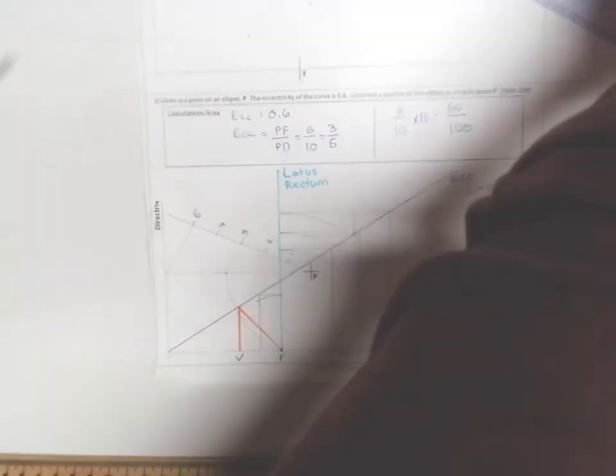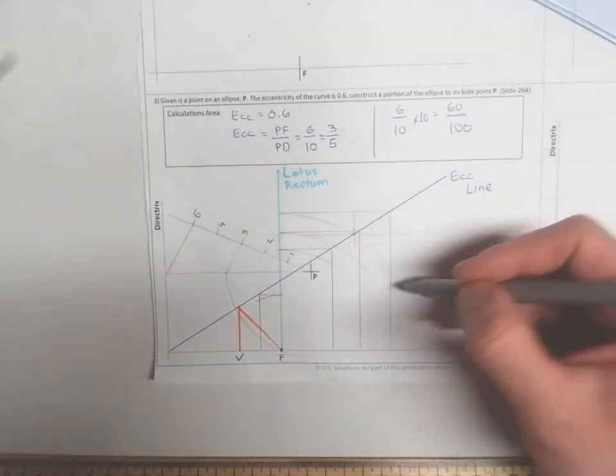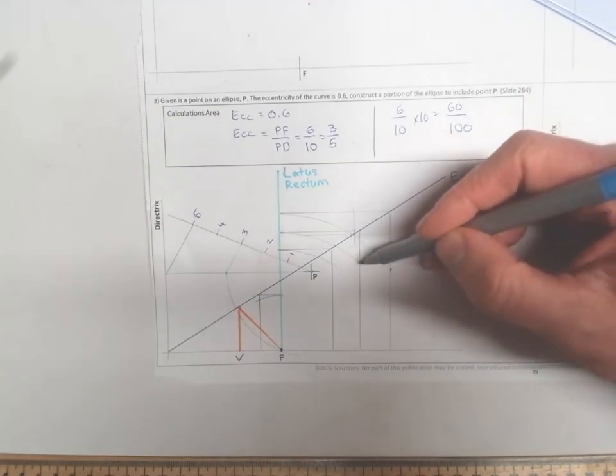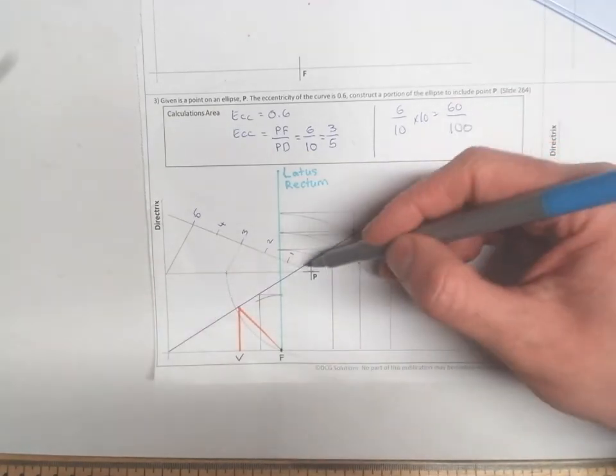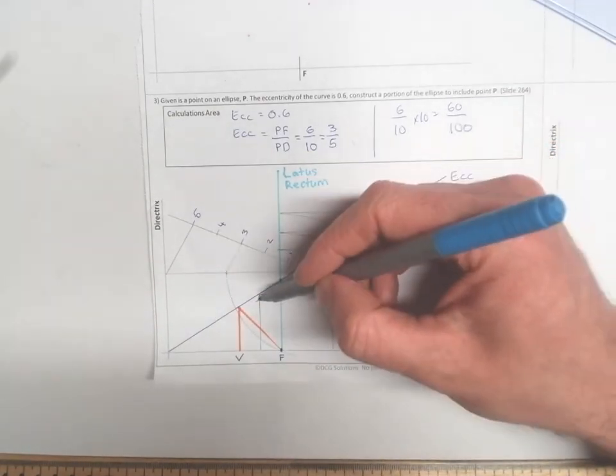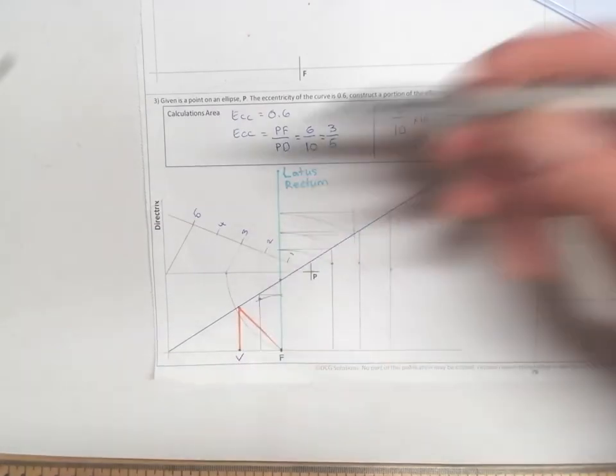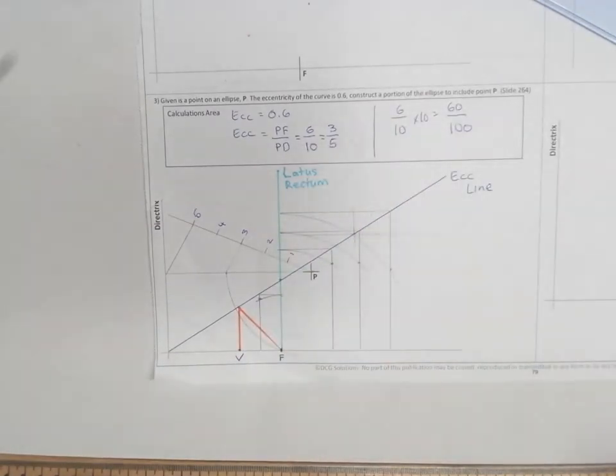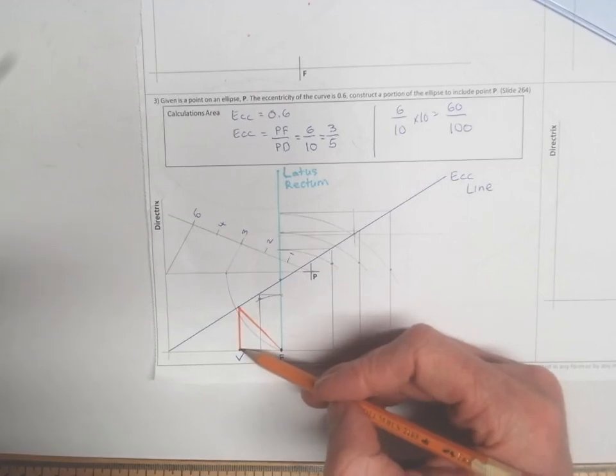Where they cross the ordinates, there, there, there. We have point P. That's a point. That's a point. And your vertex is a point as well. Lightly join the dots first.